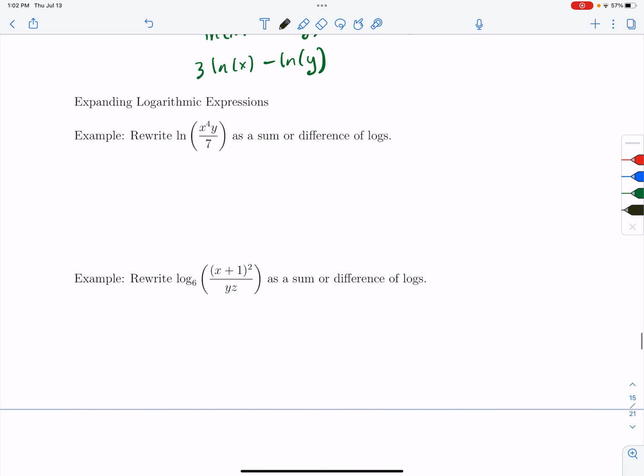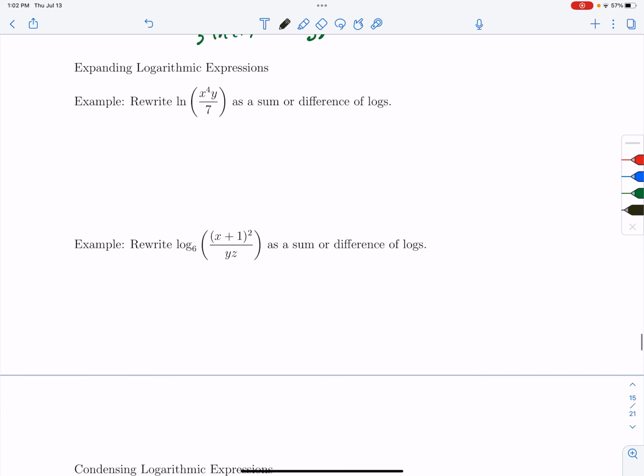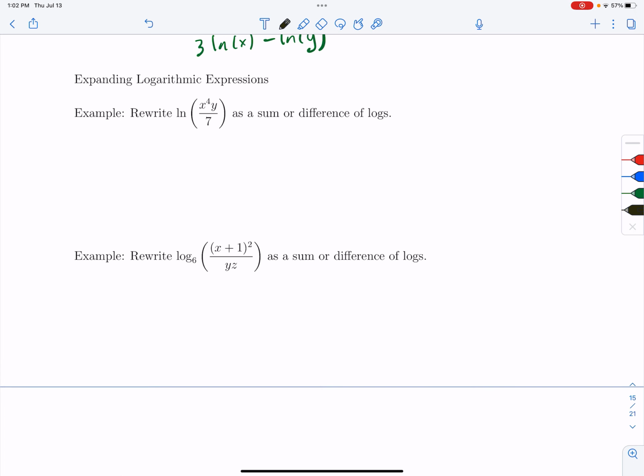So here are a couple other examples of expanding these expressions using the rules. ln of x to the 4th times y all divided by 7. Usually we want to take care of the quotient portion first. So ln of x to the 4th times y minus ln of 7. That's using the quotient rule.